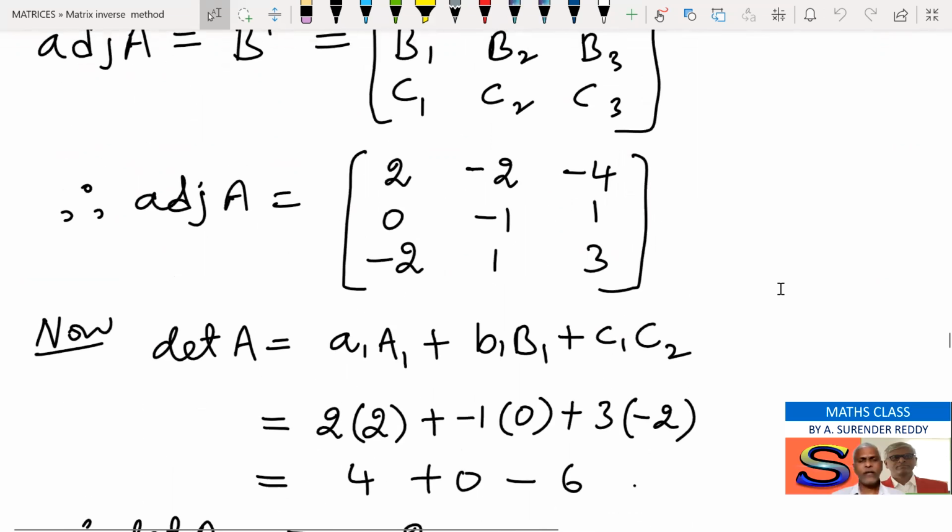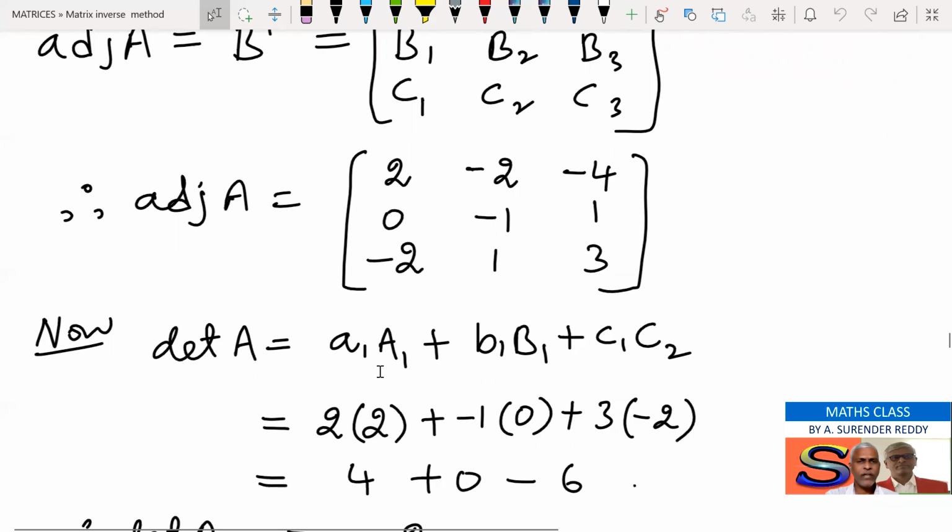You can find the determinant in both ways, by direct calculation and by definition also. The definition is, the determinant is nothing but the sum of the product of the elements with their respective cofactors. So if you take the sum of these element and cofactor products, that is the determinant.